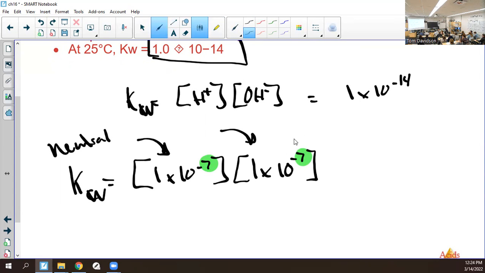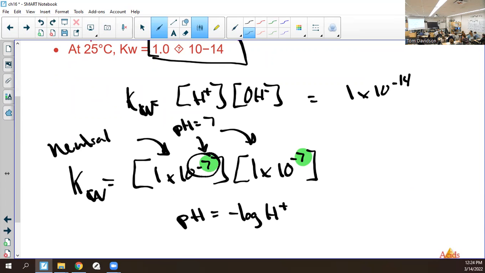This number right here defines the pH. pH, and we're going to learn this more in a second, is equal to the negative log of H plus. Logs are just exponent finders. Negative means it becomes positive, so that's why that turned into a 7.